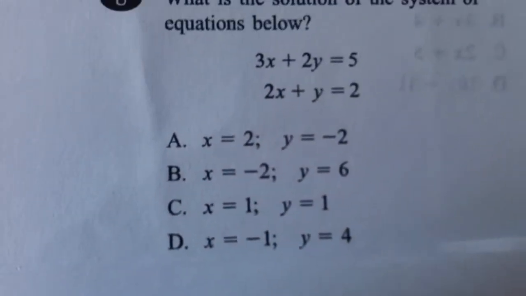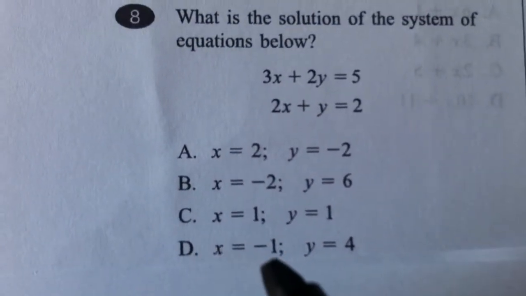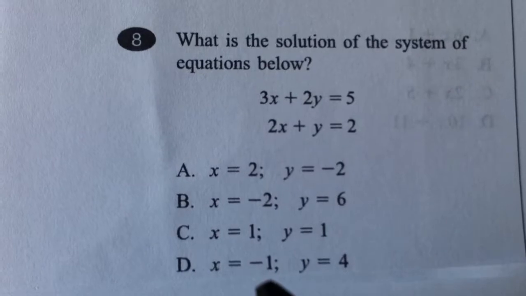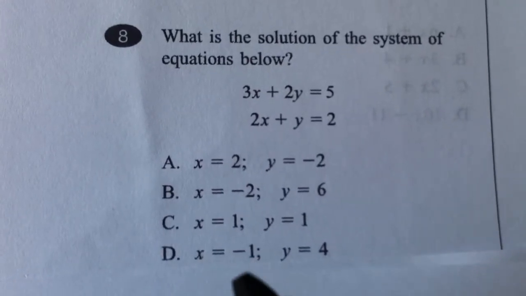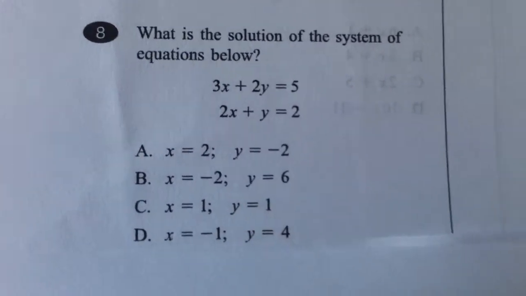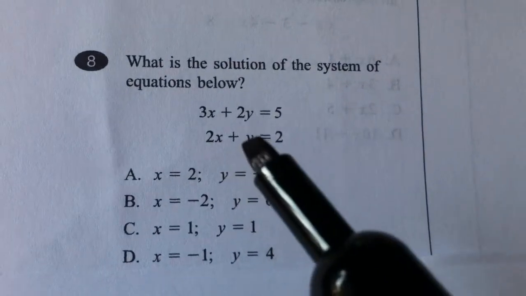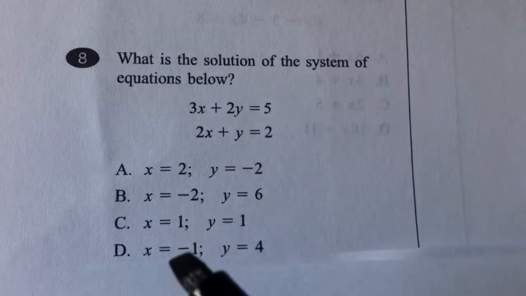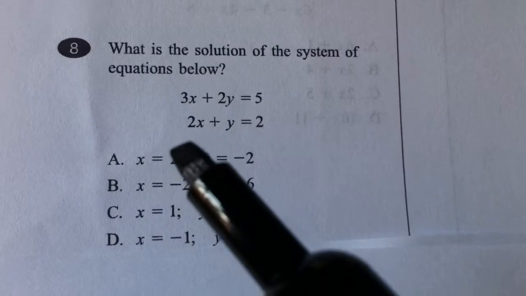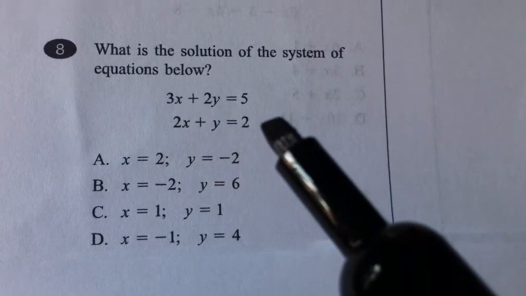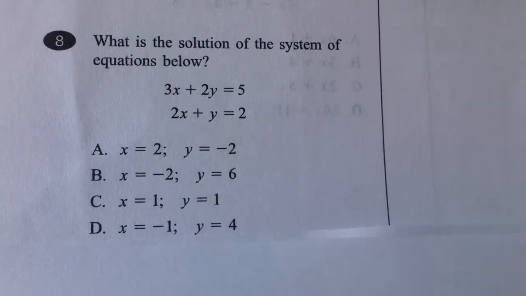This is consistent with our number D, right? x is negative 1. Now I have the x value, which is negative 1, and I still have to find my y value. So I'm just going to use the negative 1 that I found, plug it into this equation to find the value of y, right?